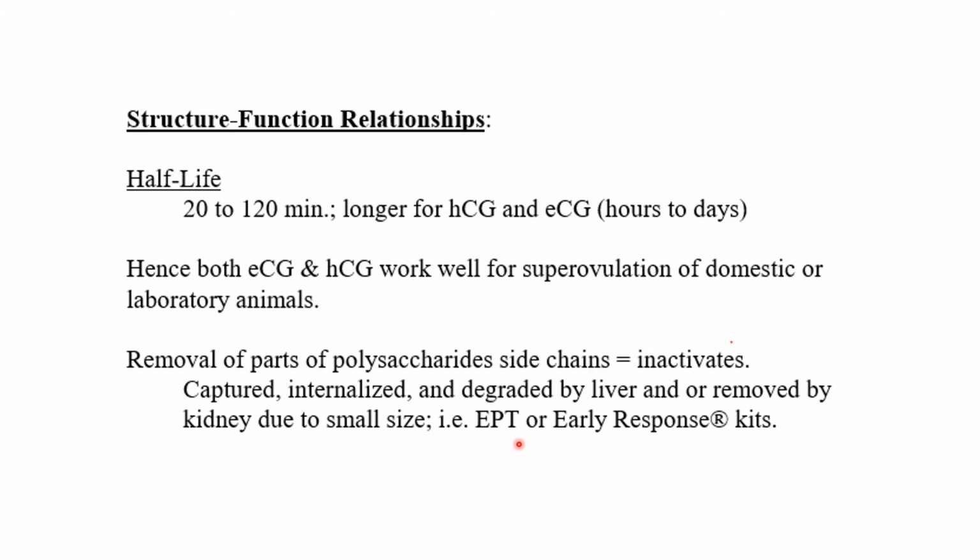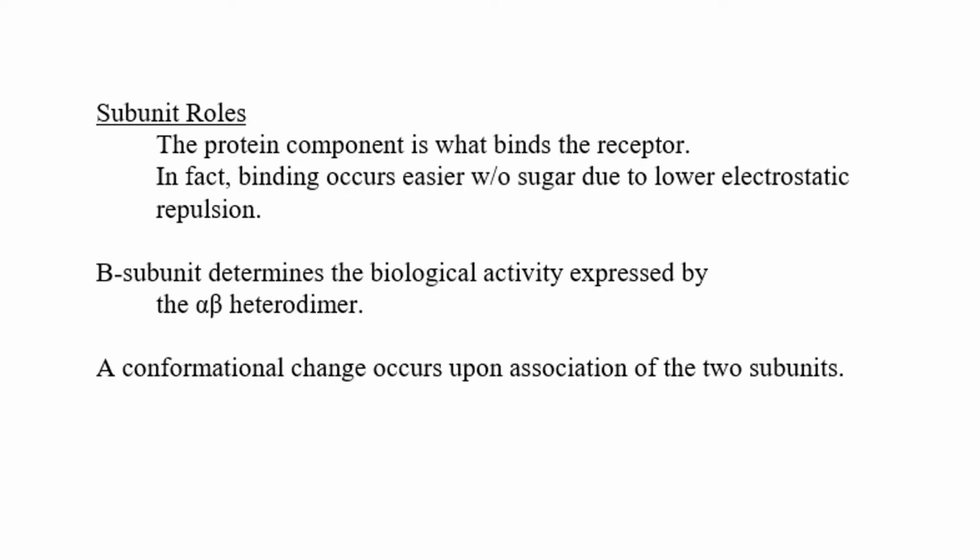So this is a very important hormone for a lot of reasons, for early pregnancy detection in humans, and it works well because at high doses it'll bind to the LH receptor and it will cause ovulation. Okay, let's go back to the subunits. Remember, we got an alpha subunit, we got a beta subunit. Okay, so it's the protein part, it's the alphas and the betas that are important for receptor binding of these gonadotropins.